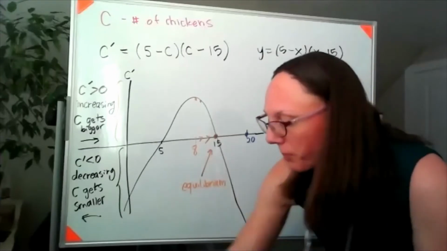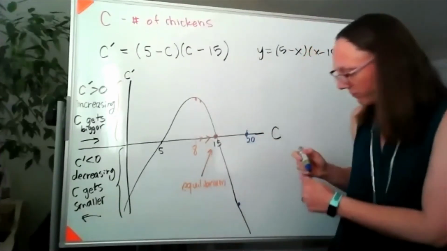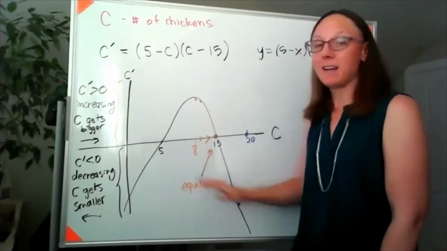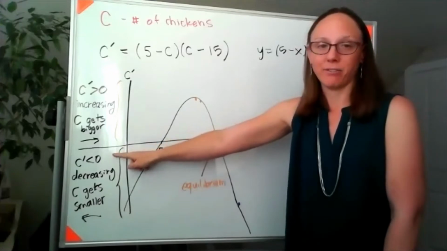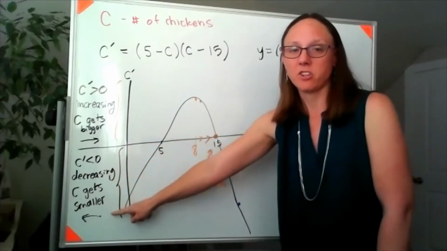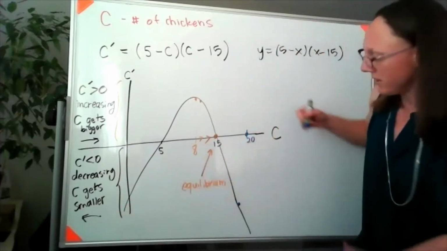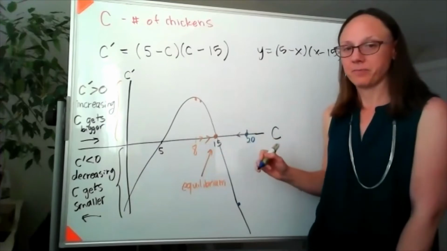Okay, so I'm at 20, so I come down to the curve, and then I say, hey, I'm down here in this realm below the axis. So C prime is negative, which means I'm decreasing, which means C gets smaller, and the smaller C values are to the left. So I started out here, but I get pushed a little bit to the left.